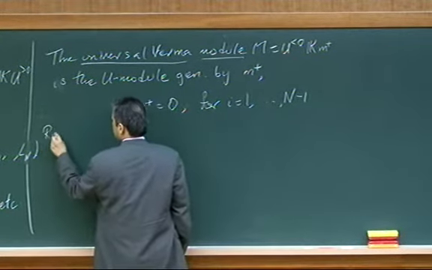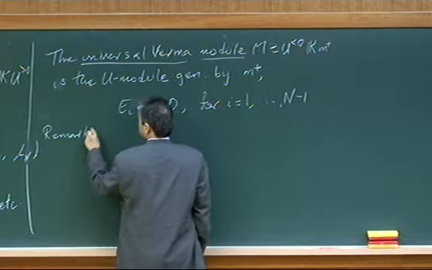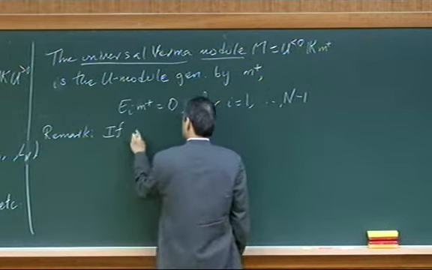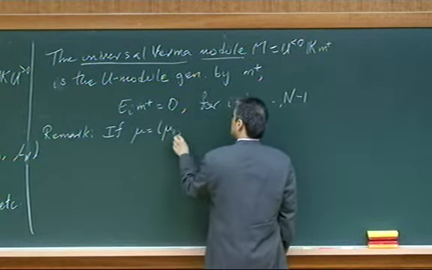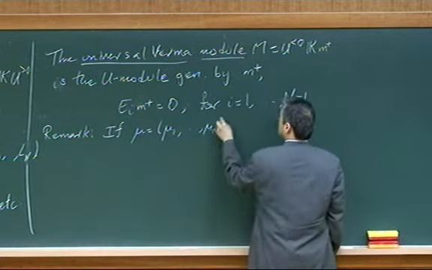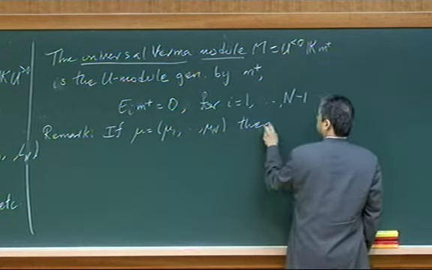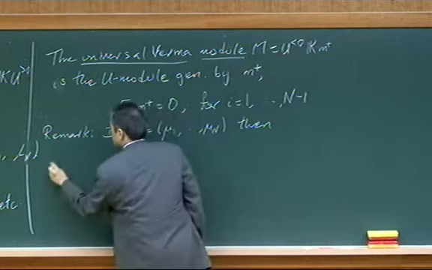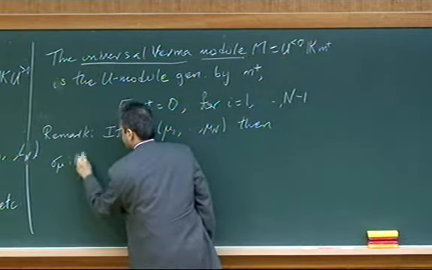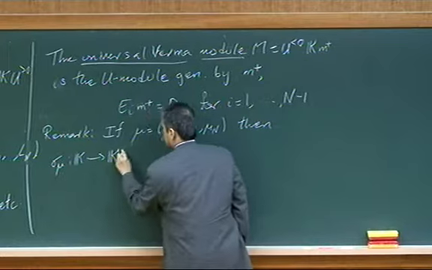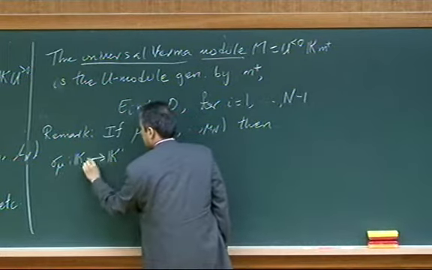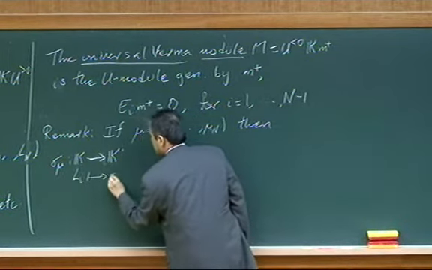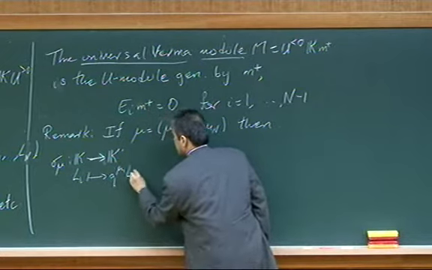So let's just make a remark here that if you have a sequence of numbers mu, then you get two kinds of things. You have sigma mu, which is a map from K to K, which takes L_i to q to the mu_i L_i.